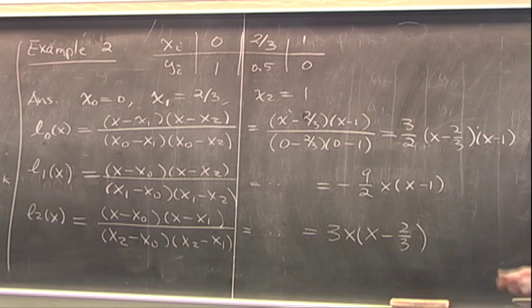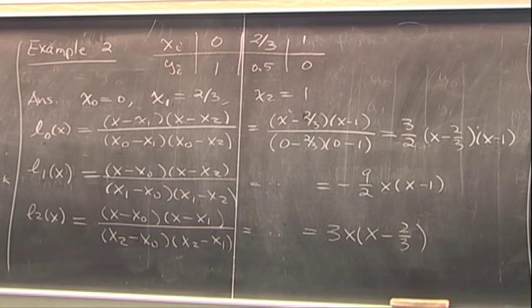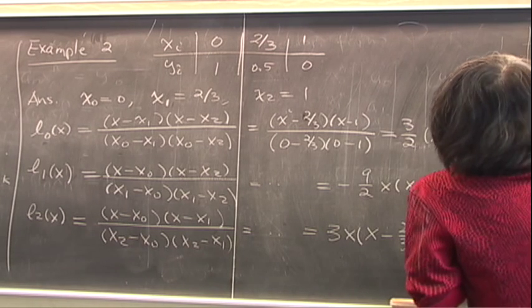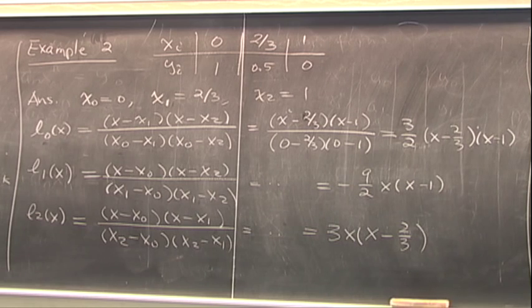Okay, so actually I'm not that smart. You will discover very soon. I was being silly. So what is the polynomial? P2 of x. I know from the last formula we have there, this would be y0 times L0 of x plus y1 times L1 of x plus y2 times L2 of x.